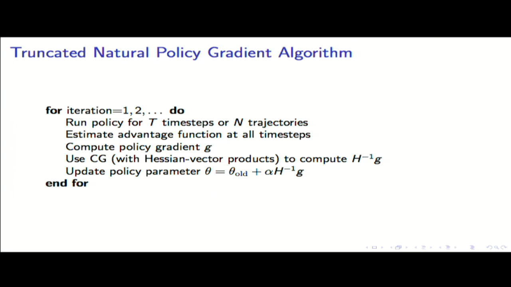But the point is, with normal policy gradient, you just update by adding alpha times G. Here we're using this matrix H to compute the step direction. So we're doing H inverse G instead of G. So it's like a second order optimization method instead of a first order optimization method, because we're computing something like a Newton step instead of computing a gradient step.